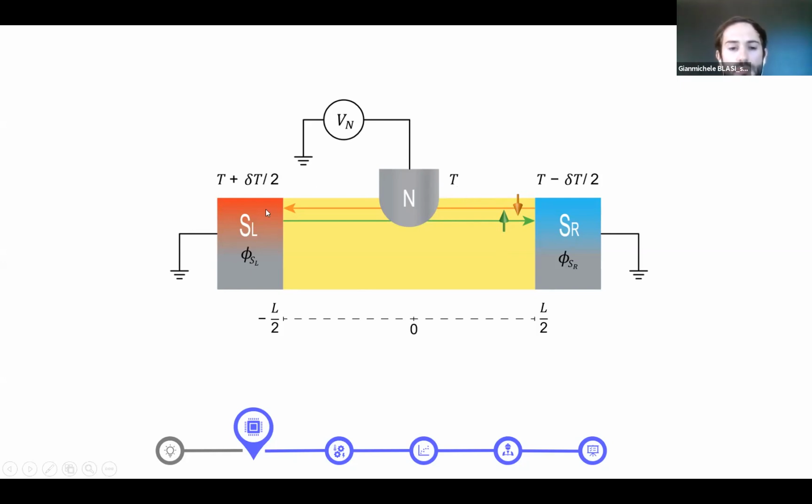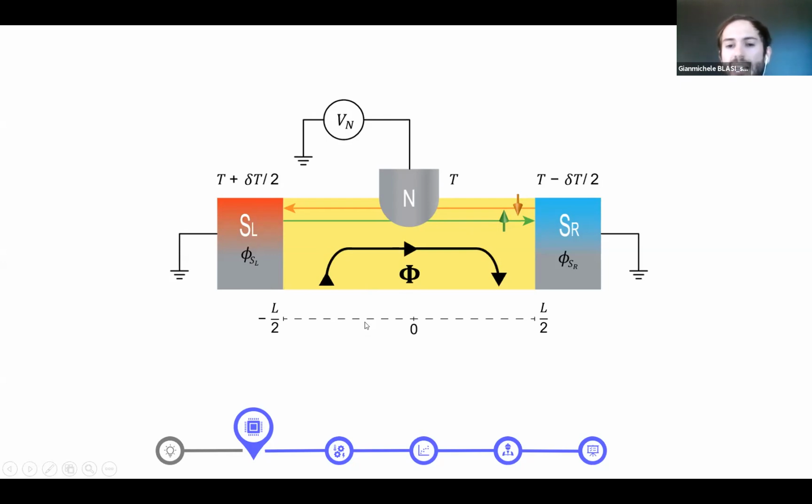Let me say also that here the two superconductors are electrically grounded, while at the probe we have the application of this electrical potential Vn. There is also the possibility to apply a Josephson phase difference among the two superconductors, but the really important ingredient here is represented by the application of an external magnetic flux, big phi, which induces the Doppler shift effect.